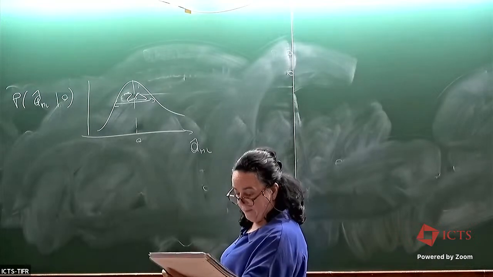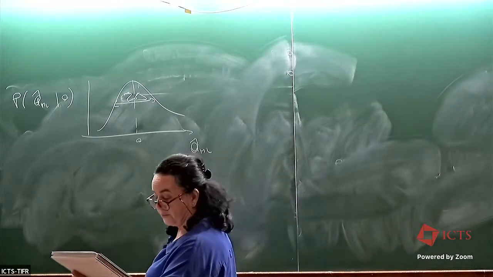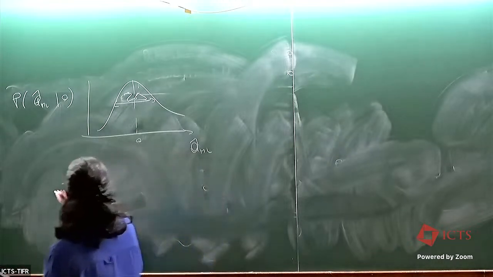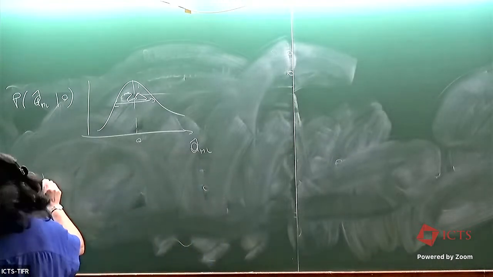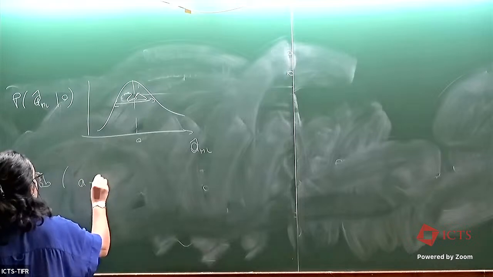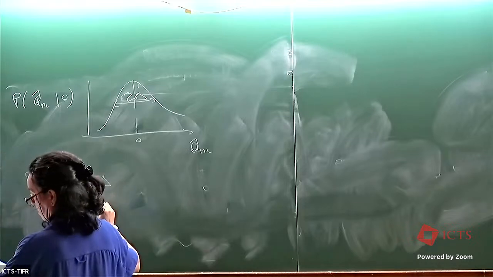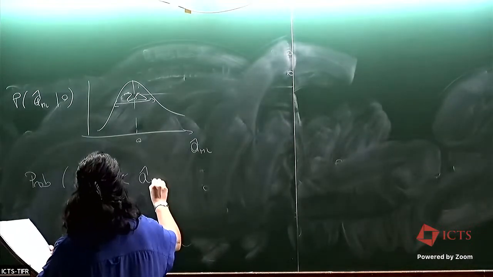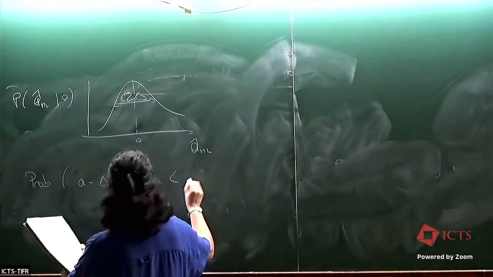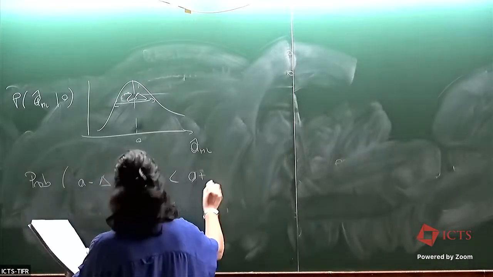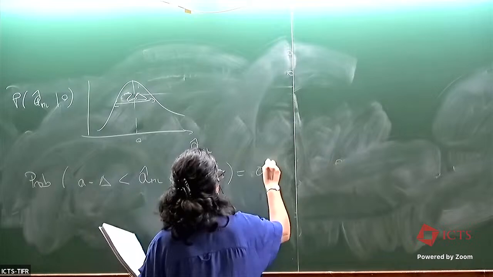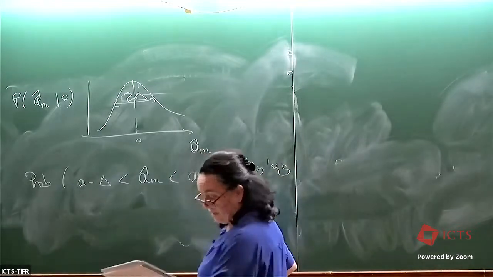Okay, we might be interested in finding which is this width, such that the probability of A between the maximum likelihood minus the width and plus the width, to be, for example, 95%.